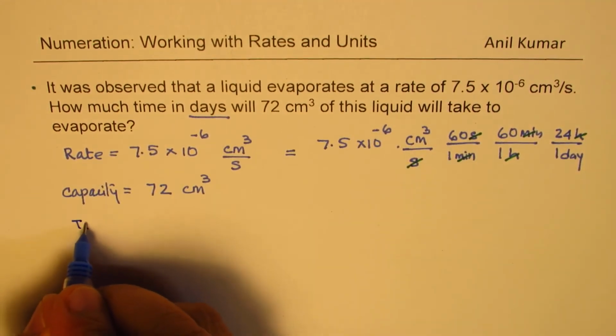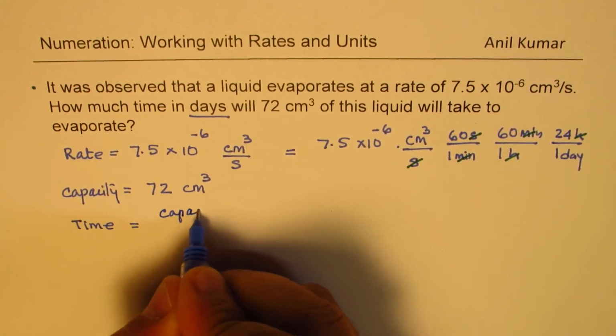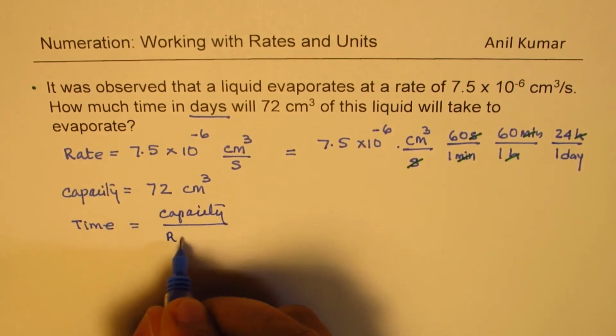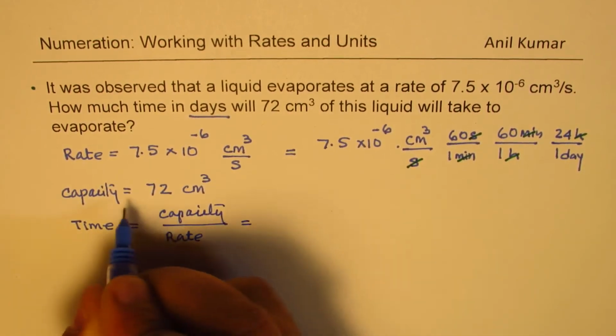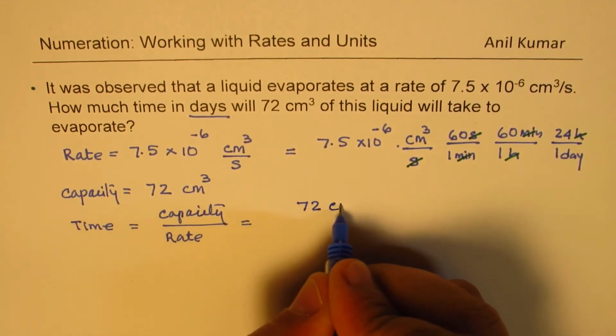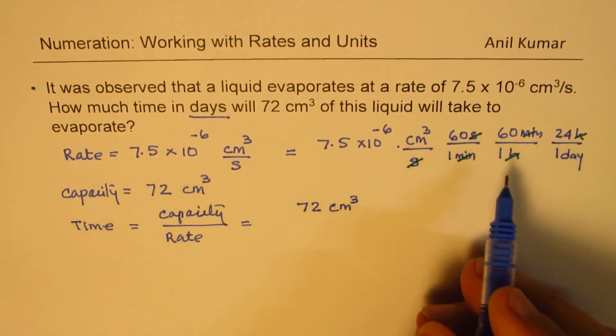Now we have to find the time. So the time taken will be how much? Time is capacity over rate. In this case, the capacity is 72 centimeter cube. I'm purposely writing the units, you'll see how they cancel away.